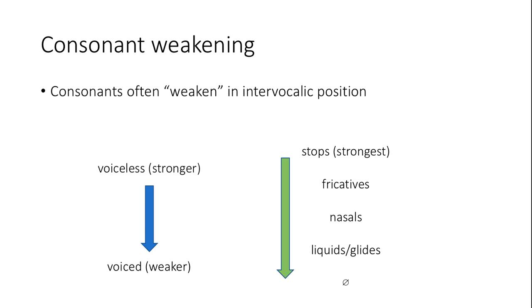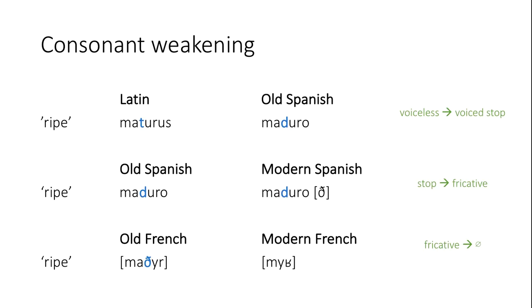So in this position, consonants will often weaken, either by going from voiceless, which is stronger, to voiced, which is weaker, or by going from stops to fricatives to nasals to liquids to glides to deleting altogether. So let's look at this example again. We went from a Latin voiceless stop to an Old Spanish voiced stop, which then went to a modern Spanish fricative. And in Old French, we see a fricative going to nothing.